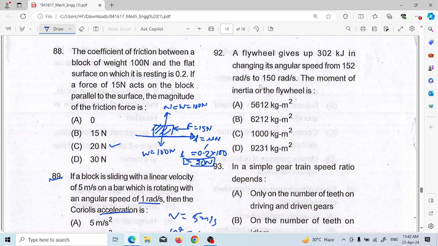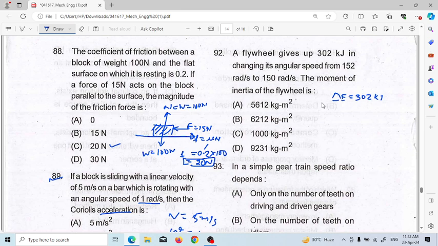Next, 92. A flywheel gives energy 302 kilojoule by changing its angular speed from 152 radian per second to 150 radian per second.